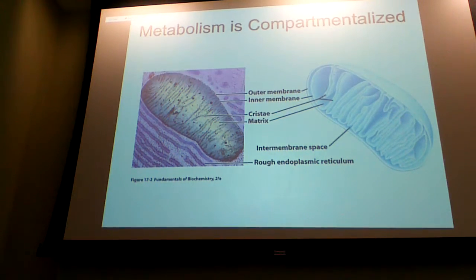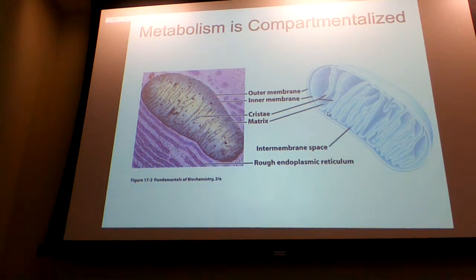And the little, how do we say that? Cristae. All the invaginations, right? This is just to give a lot of surface area, because we need a whole bunch of electron transport complexes in that membrane. So the more surface area you have, the more complexes you have, the more ATP you're going to be able to make in the end.